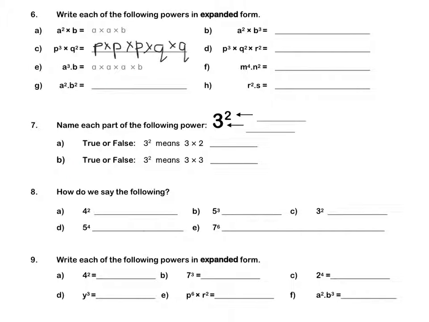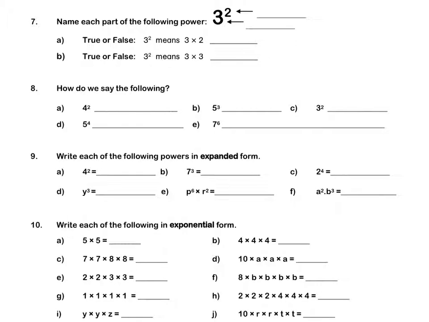Let's look at E. We can also represent multiplication by using a dot. So this is a cubed multiplied by b, which is written like this in expanded form. Lastly, H will be r times s. Use what you have learned to complete question 6 by yourself.